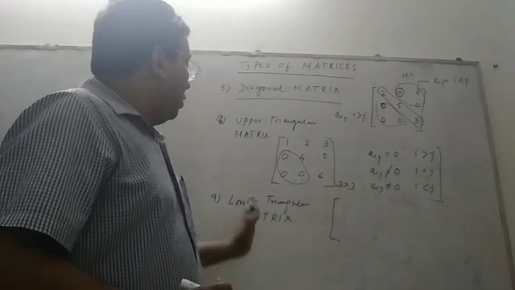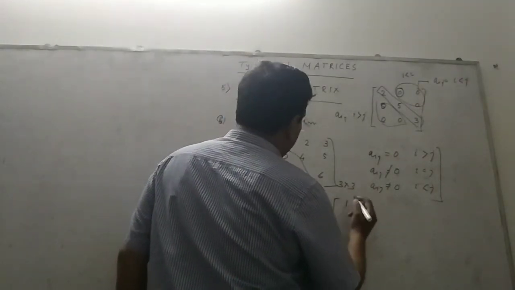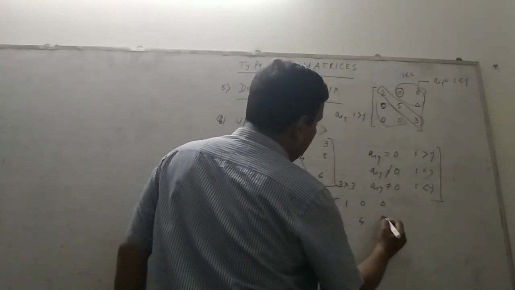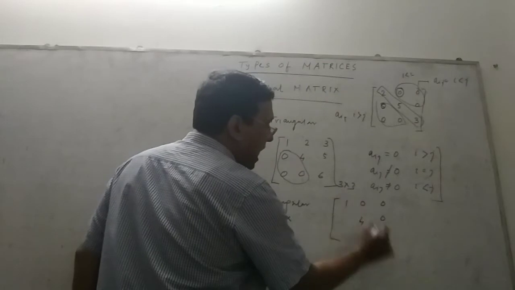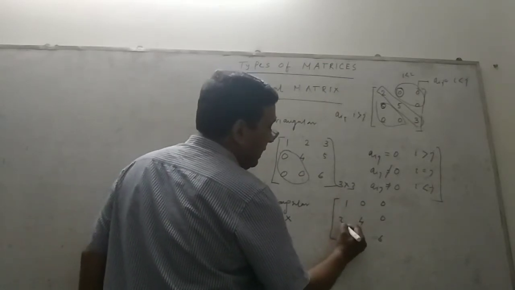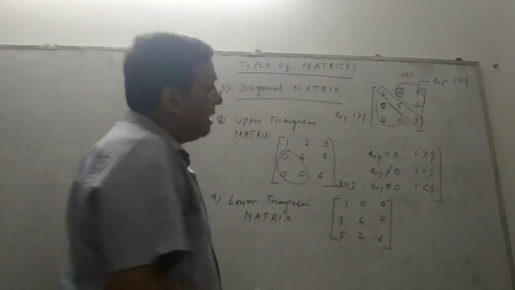Then you can say lower triangular matrix. Example: 1 0 0, 4 0 6... with the primary diagonal, all the elements below are non-zero, say 3, 5, 2. This is a lower triangular matrix.